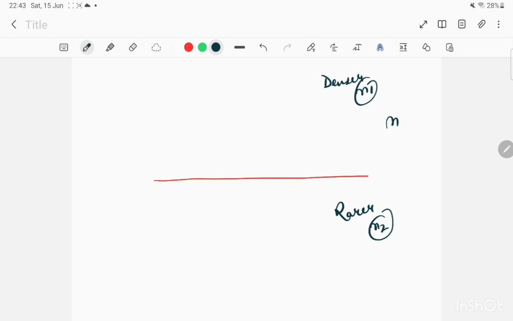Now in another case, there is a fourth case we are studying. Similar situation. This is the denser medium. This is the rarer medium. This is n1. This is n2. n1 is greater than n2.